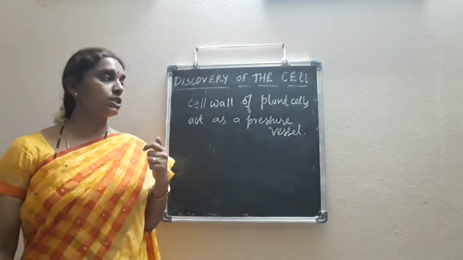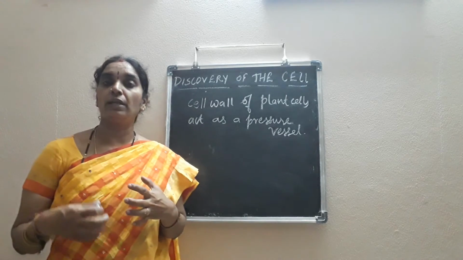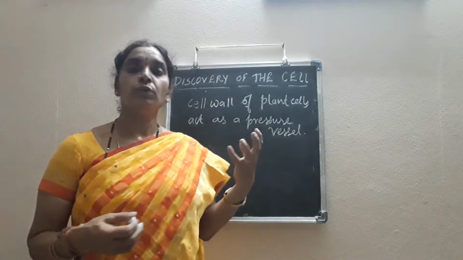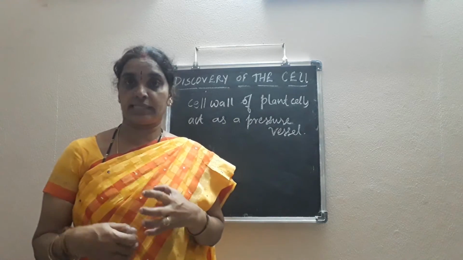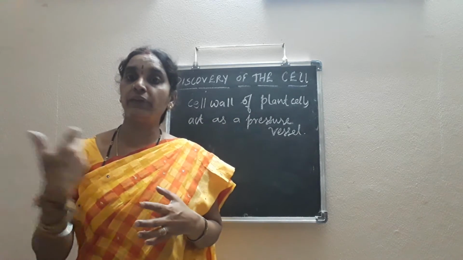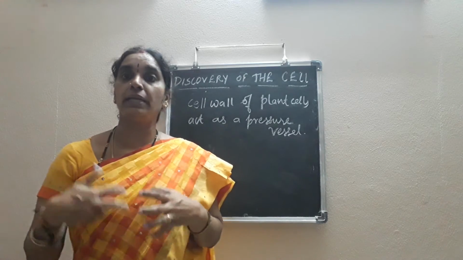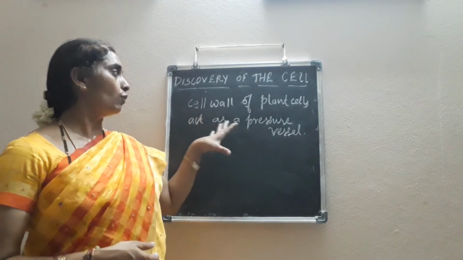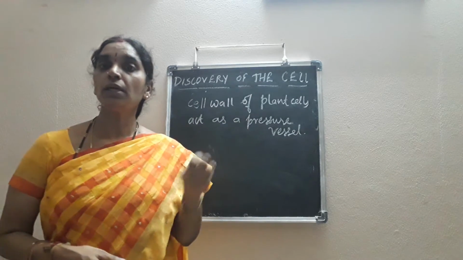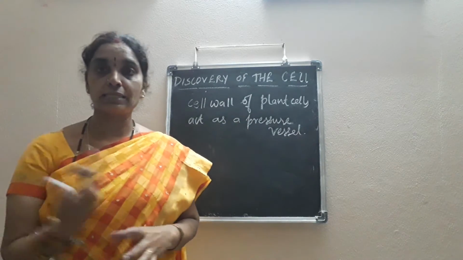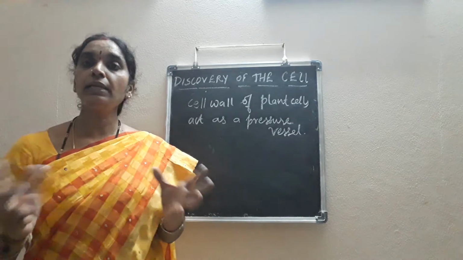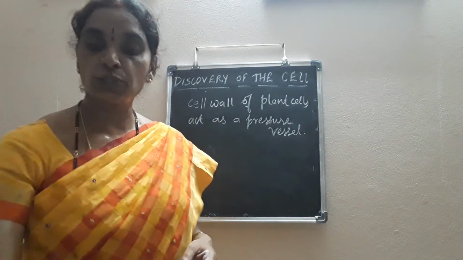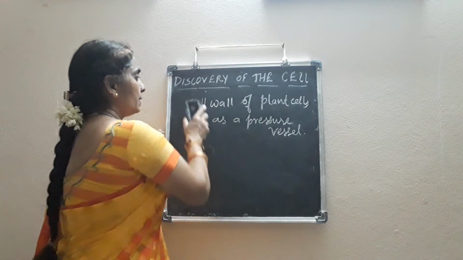The pressure vessel means that when extra water enters the cell, the cell wall helps by not letting the extra water enter and make the cell expand. Okay, children.